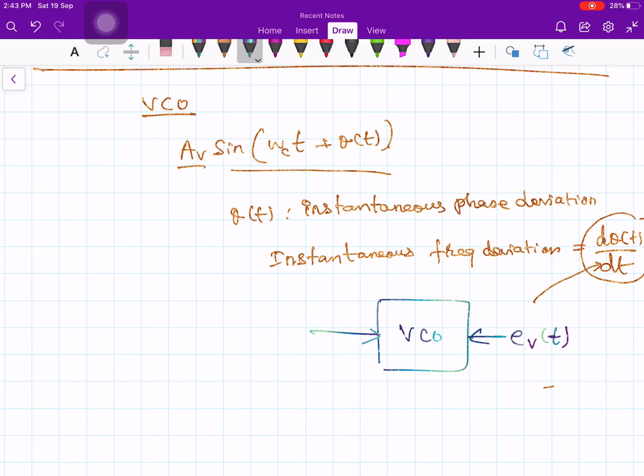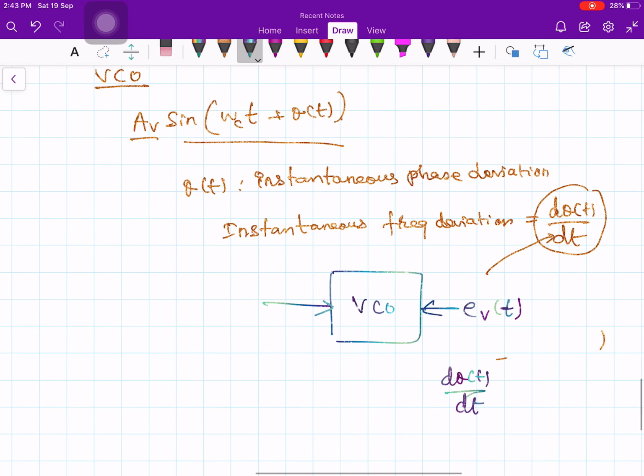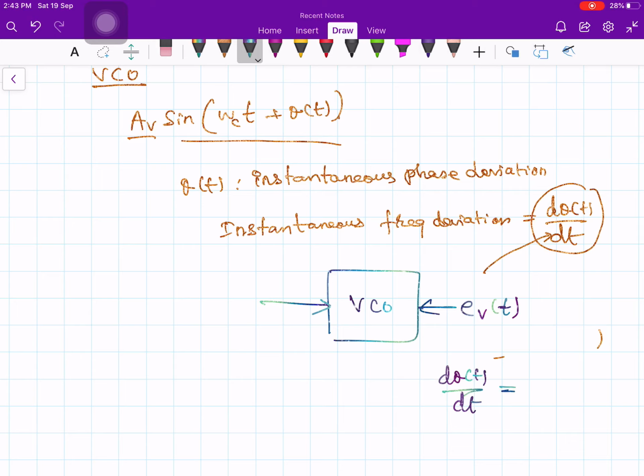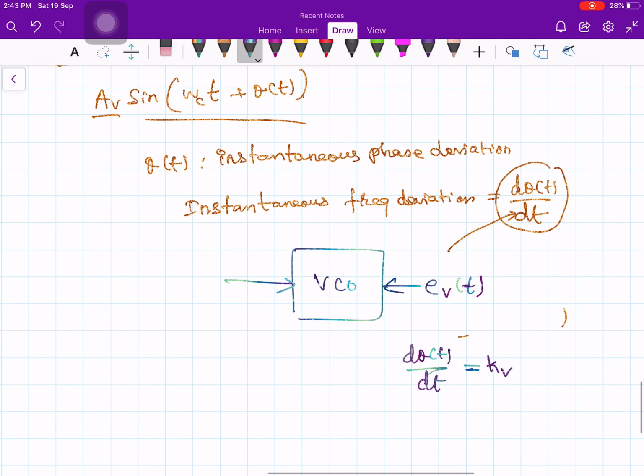Therefore, d theta of t by dt is equal to some constant, let me call that constant kV, times my input signal. My input signal is E suffix V of t.